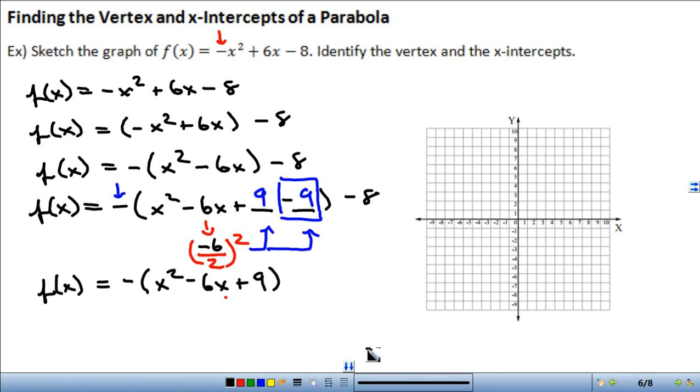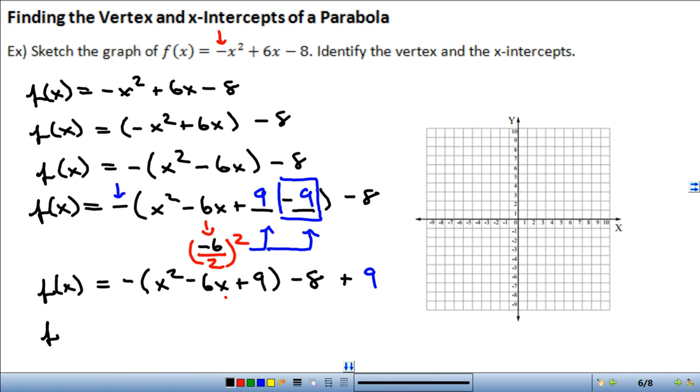And I have minus 8. Now, I'm going to pull this minus here. Minus, because remember, it's affecting this, minus negative 9. And in this case, when there's two negative signs, minus a minus is a plus.